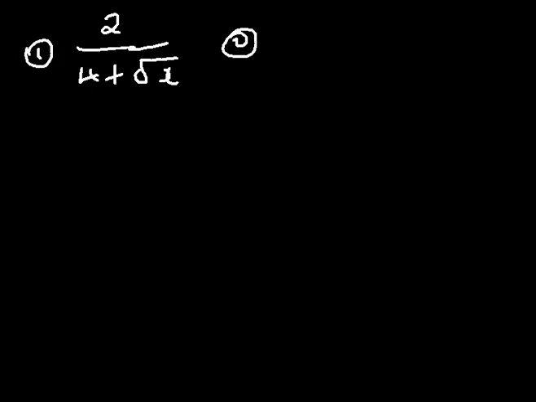You should rationalize the denominators. We have, let's say, 2 over 4 plus the square root of x. That one. And also try 2 minus the square root of 3, divided by 8 minus the square root of 3.